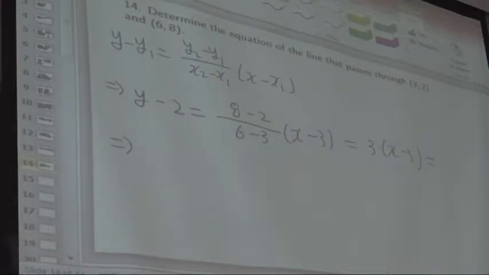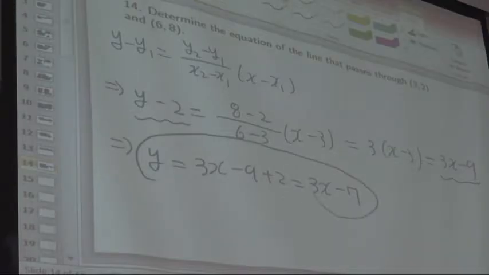And this is 3 times x minus 3, which is 3x minus 9. So y minus 2 is 3x minus 9, which is y equals 3x minus 9 plus 2, which is 3x minus 7. So that is the line equation.